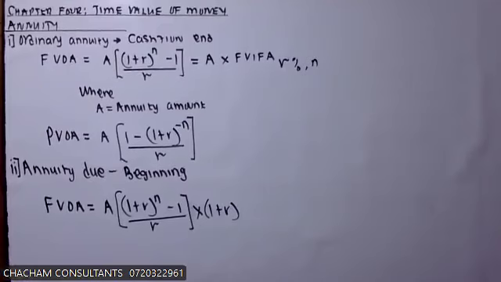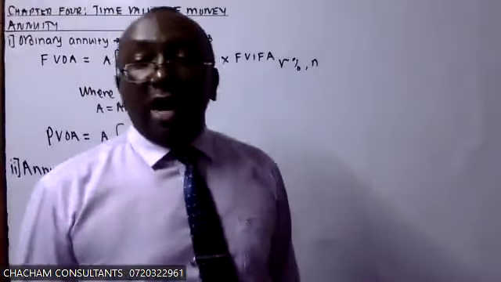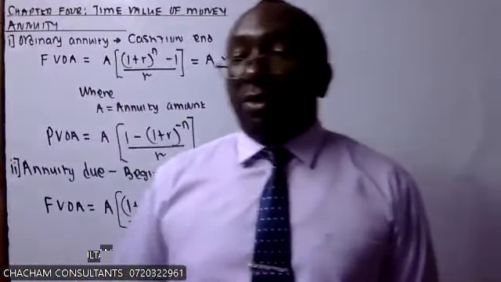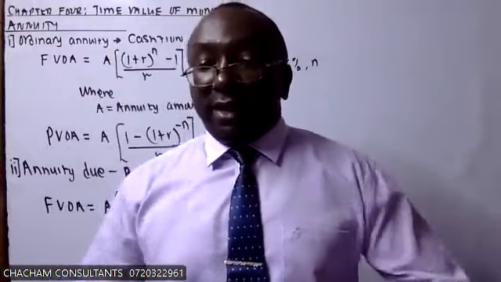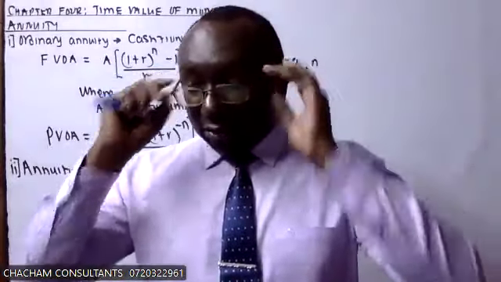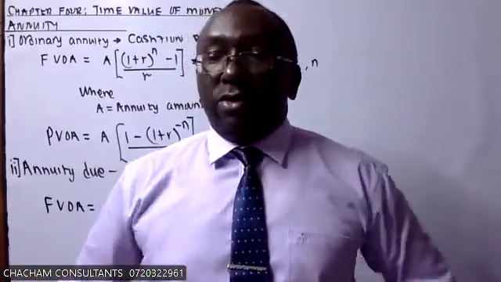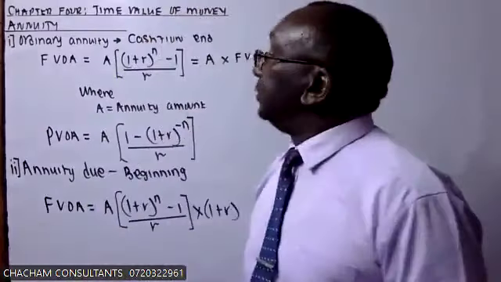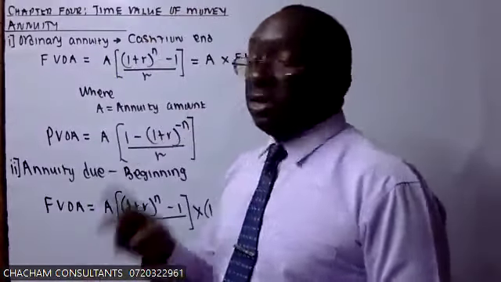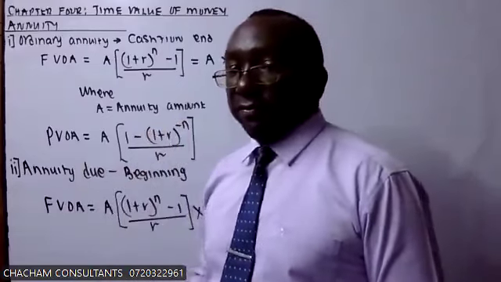Yeah, so that is what we call annuity. As I said earlier, you could have a lump sum or you could have a series. So if it is a series and the amounts are equal, we call them annuity. We have two types depending on when each amount is received.